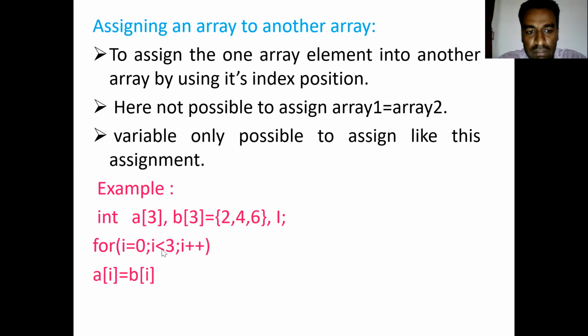What is A of i? A of 0. B of 0 is 2, and it is assigned to A of 0. The 4, B of 1, is assigned to A of 1. Likewise, one array is assigned to another array.